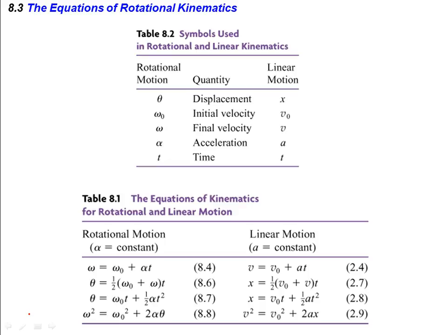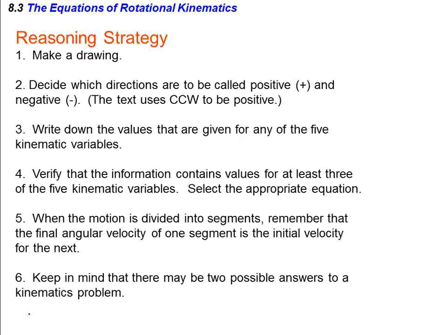These two tables from the book help summarize what I just said and show the translation from the linear to rotational. So anytime we're dealing with rotational kinematic problems, you're going to have the same approach that you had with regular kinematic problems. Now it's just angular rotation instead of linear movement, but it's going to be the same stuff.